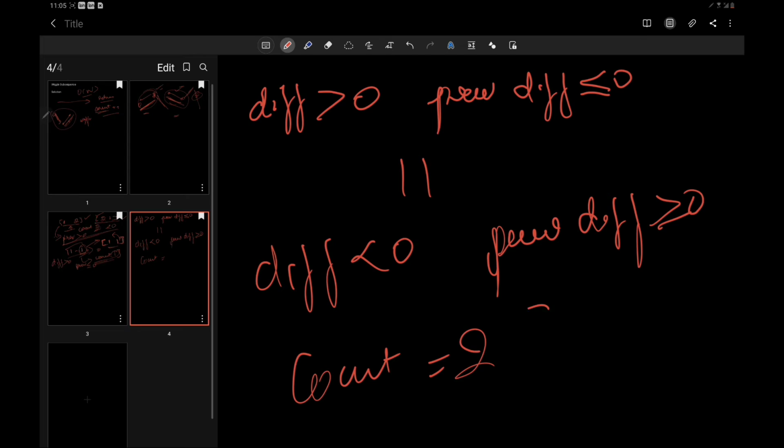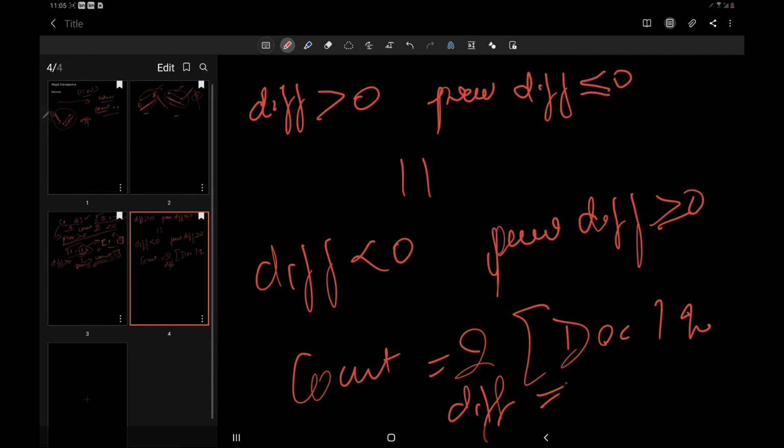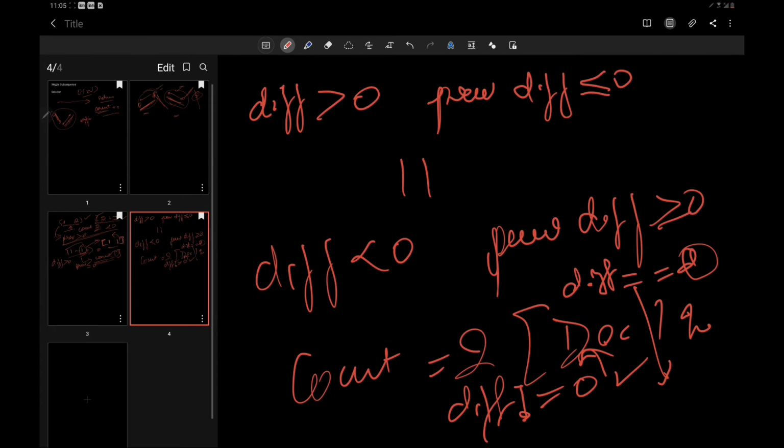Count will be 2 for either decreasing or increasing, meaning where the difference of the first two numbers is not equal to 0. So count will be set to 2. When the difference is equal to 0, then the count will be set to 1.